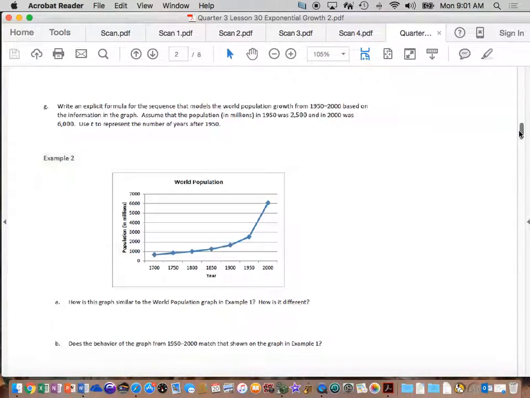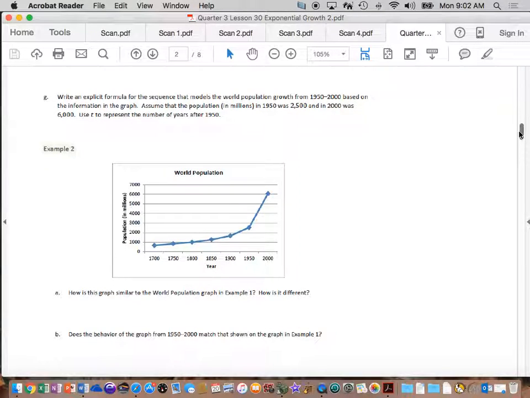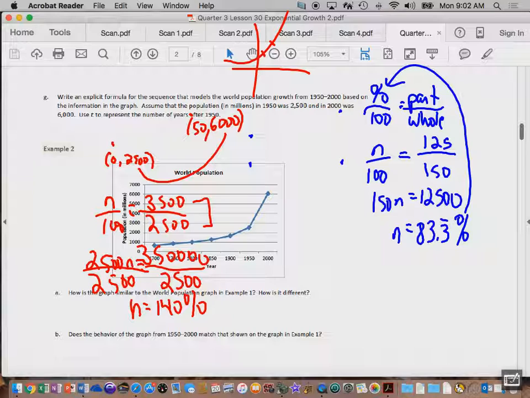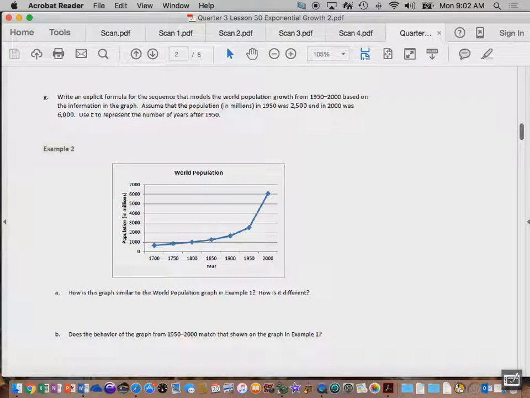Write an explicit formula for a sequence that models the world population based on the information of the graph. All right, so an explicit formula would be, let me see if I can remember all this stuff. F of n is equal to, what was the first number on the graph? The world population? Yeah, 2,500, and this is in millions, 2,500 times, it looks linear, so we're going with linear on that.